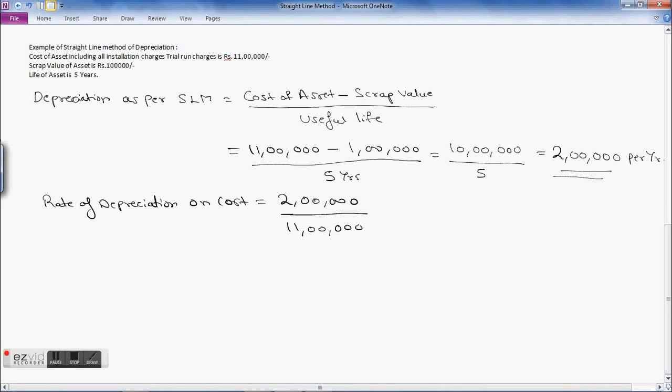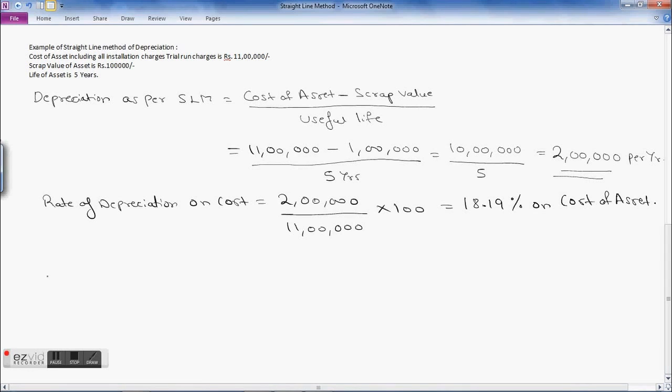So on 11 lakh, 2 lakh depreciation is charged, and into 100, so you get a percentage of depreciation, that is 18.19 percent on the cost of the asset. Okay, right?